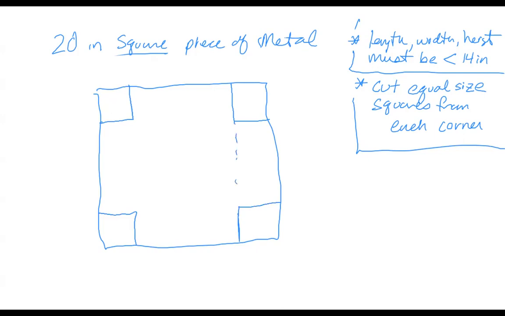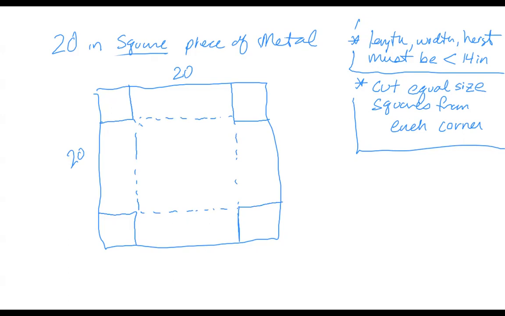the remaining sides to give us a box top, right? So then these here will be the dimensions of the top. And we know for these, well, we know this is a 20 by 20 square piece of metal. So each side is 20 inches.